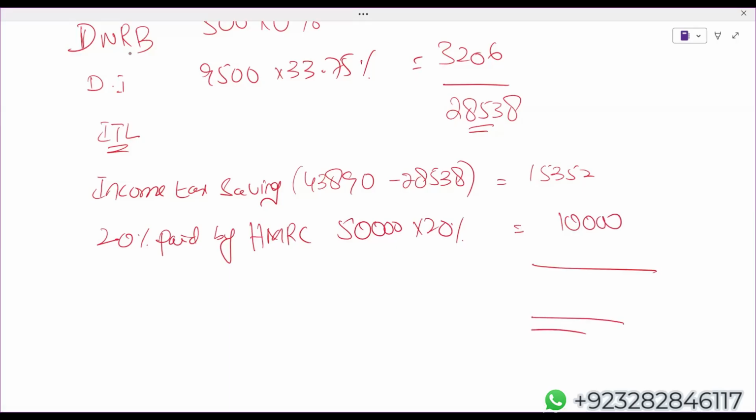So logically, total tax relief is 25,352. I strongly believe this calculation is clear to everyone.